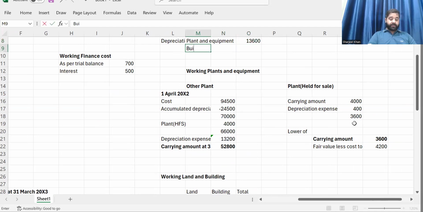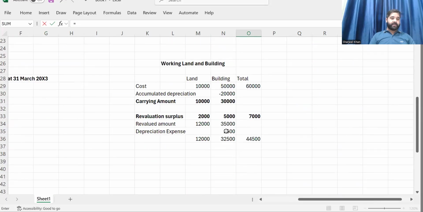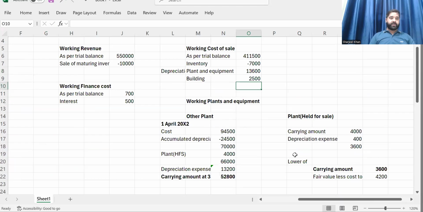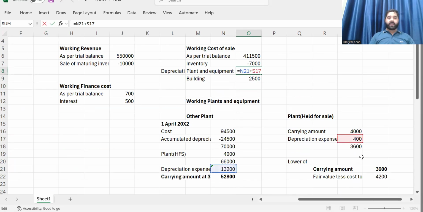And on the building, the depreciation expense is 2,500, right? So for the plant and equipment, the depreciation expense on other plant, and 6-month depreciation expense for that plant which is classified as held for sale, and the rest on the building as well. So we have charged that to cost of sales.